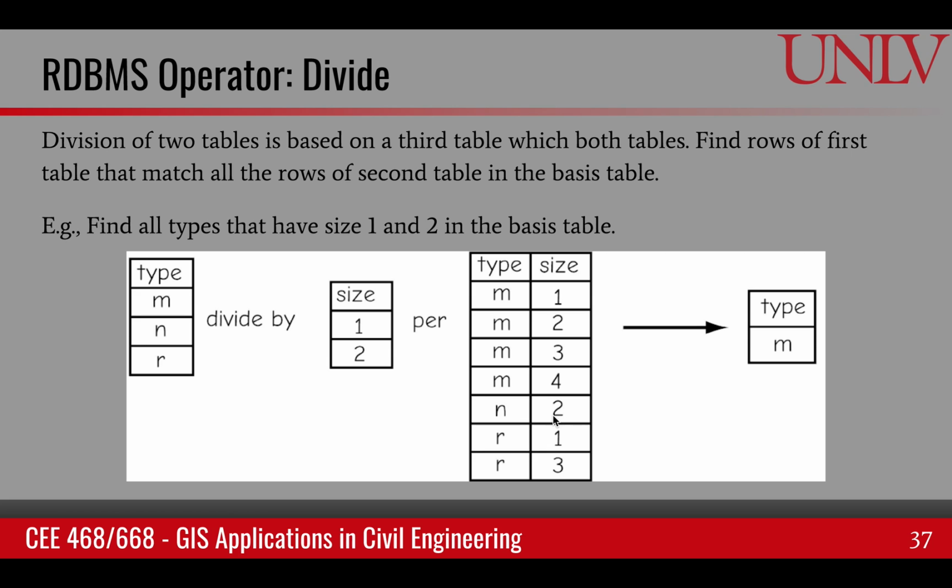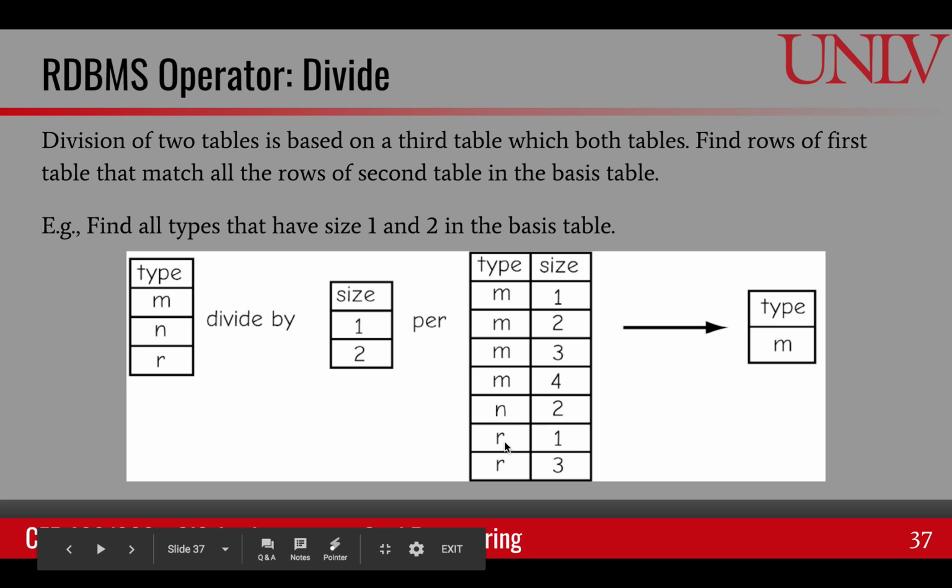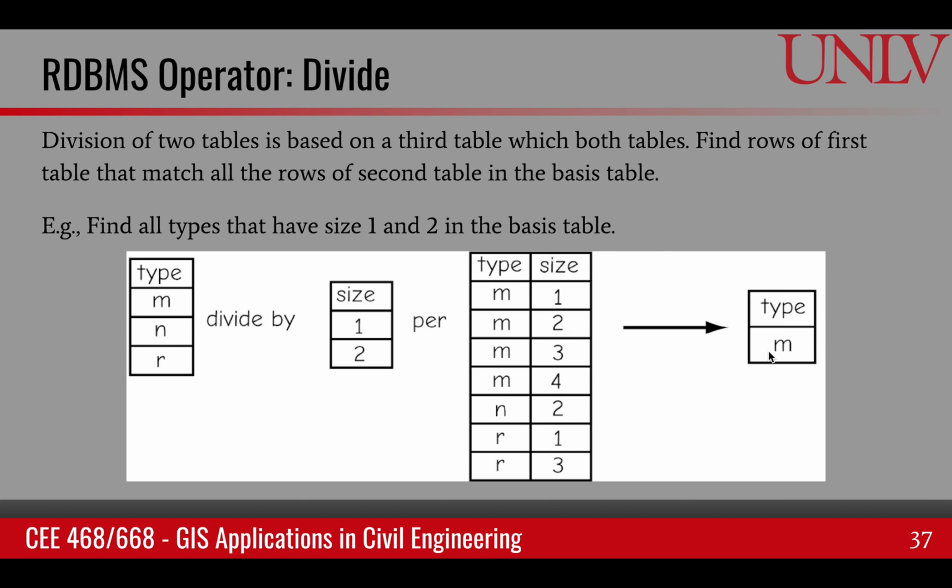N2 exists, but N1 does not exist, which means we cannot use this as an answer. Similarly, R1 exists, but no R2, only R3. So R cannot be the outcome of the division. So in the division process, we divide one table with the other table based upon some basis table.